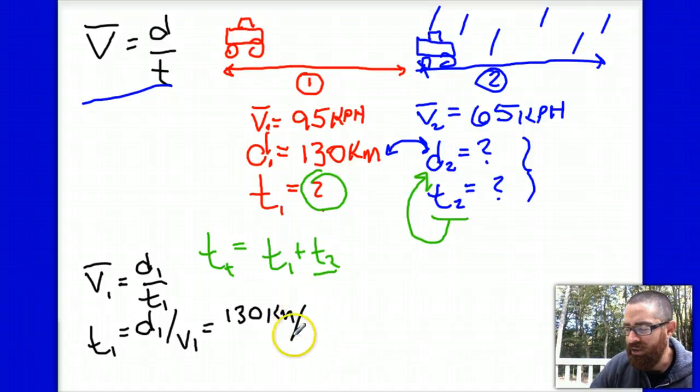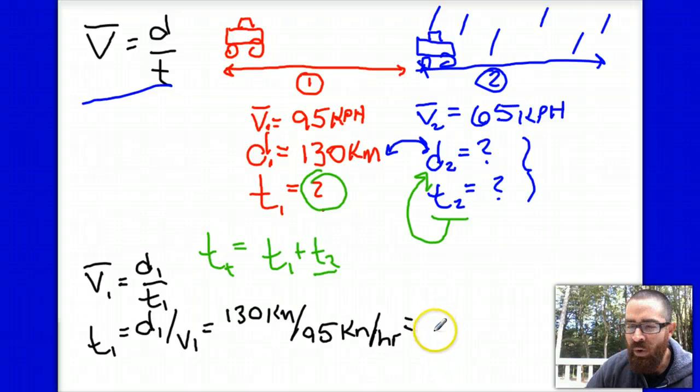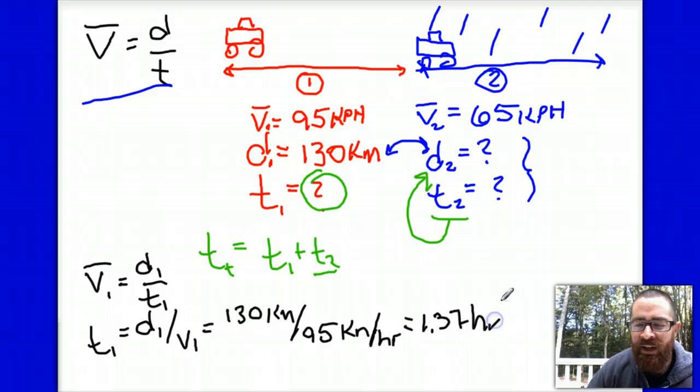I kept it in kilometers per hour, so I get 95 kilometers per hour. Notice that I've kept the units in kilometers and in hours, which means that my time answer in this case, which happens to be 1.37 hours, has to be in hours. It's not going to be in minutes, it's not going to be in seconds. I can then convert it, which I've done, and I get 82 minutes.